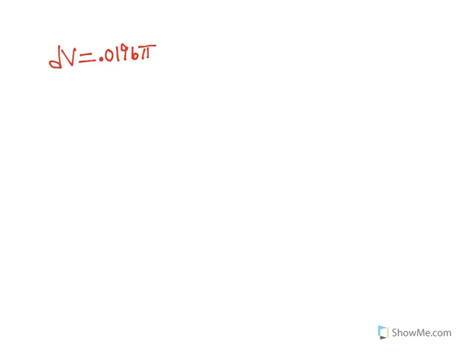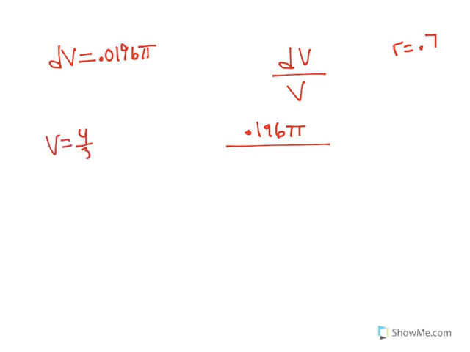So again, here is our change in volume, the 0.0196 pi if we don't multiply in the pi, and we're going to compare it to the true volume if the radius was the true 0.7 that they measured it at. So the change in volume, 0.196 pi, divided by the actual volume, so we're going to need to use our volume formula, 4/3 pi r cubed.